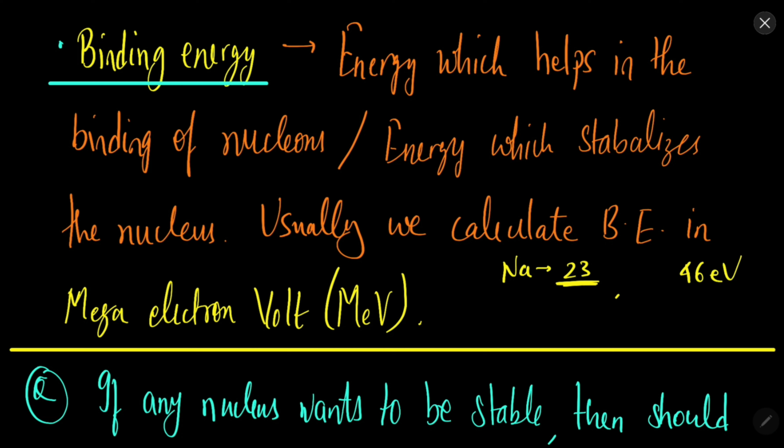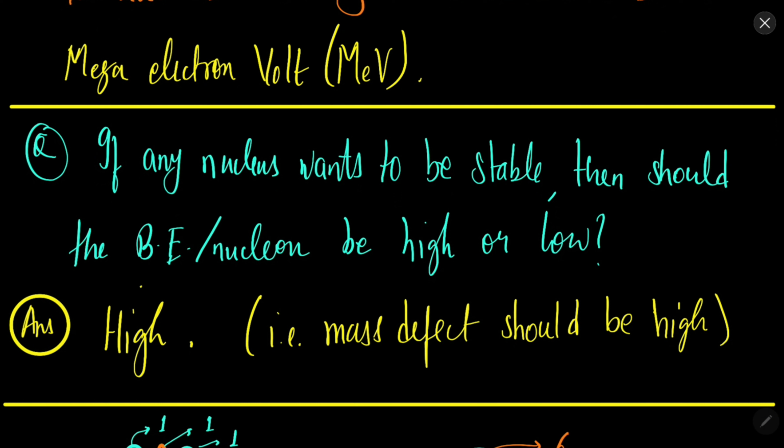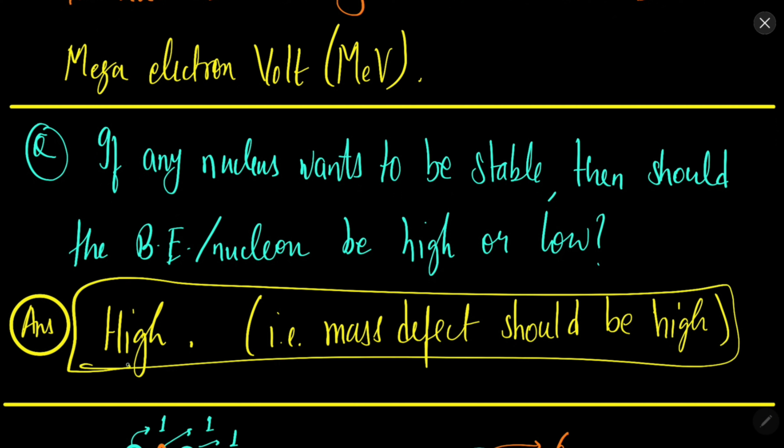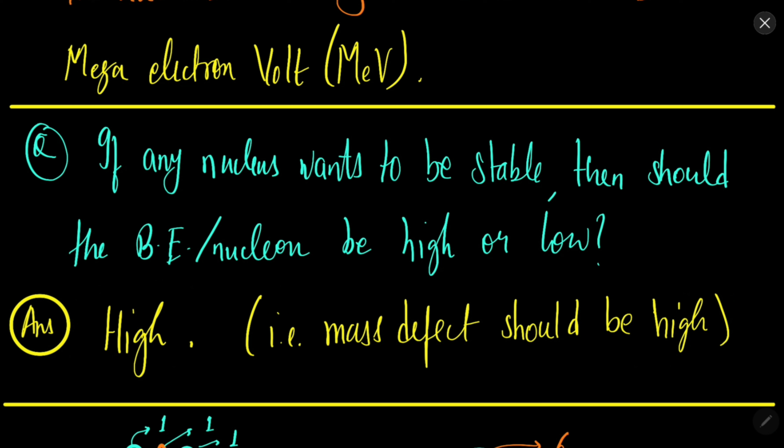So what will be the binding energy per nucleon? 46 eV over 23 nucleons, so 2 eV per nucleon. That is, each nucleon has a binding energy of 2 eV. So binding energy per nucleon should be high, because the more the binding energy per nucleon, the more stable the atom will be. More binding energy per nucleon means more mass defect. The mass defect should be more, so that we get more binding energy.